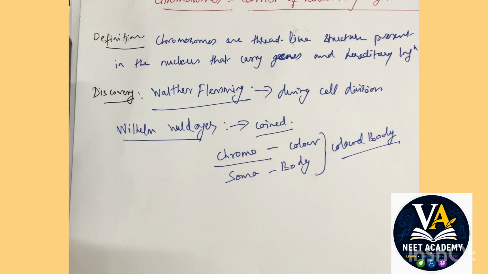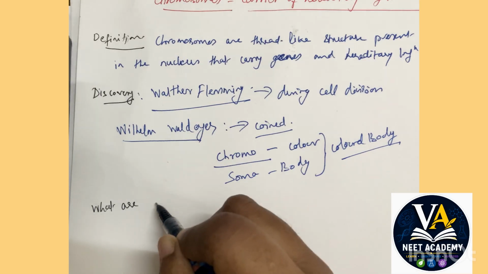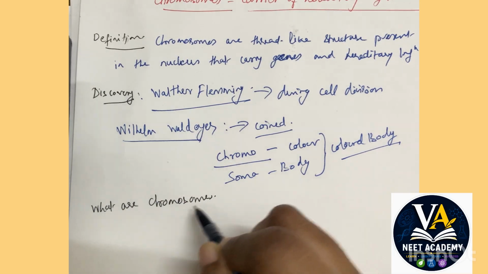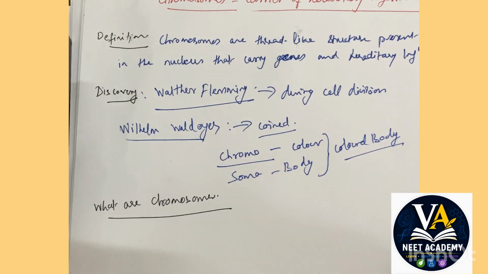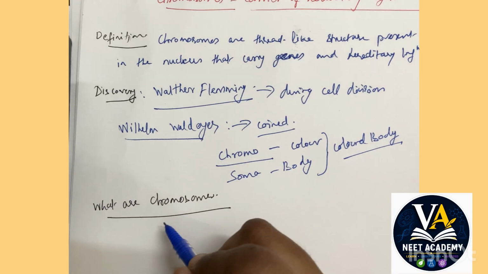Hope it's clear, students. Now let us see what chromosomes actually are. According to our definition, they are thread-like structures present in the nucleus. When you look inside the nucleus, you find DNA.